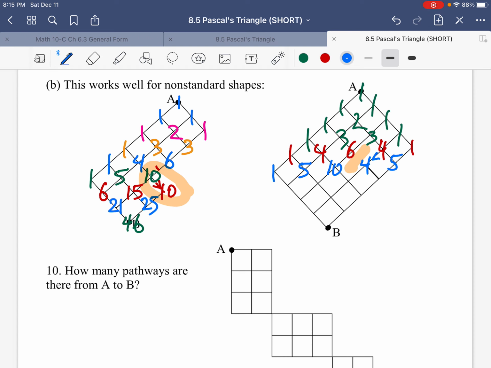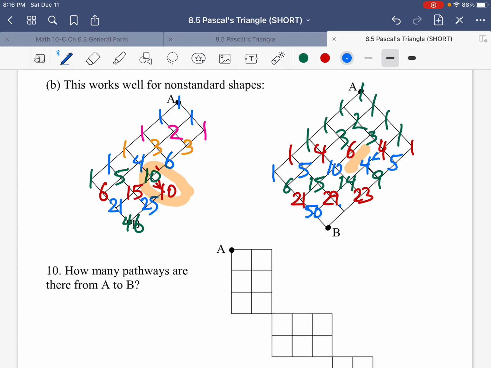To get here, you have to come from this point, which is 4. Here is 5. So 1 and 5 is 6, 5 and 10 is 15, 10 and 4 is only 14, 4 and 5 is 9. Notice the non-standard numbers.